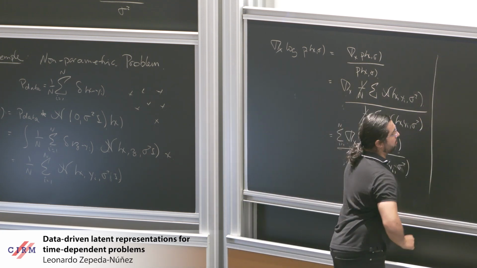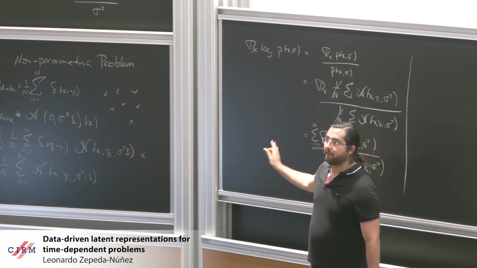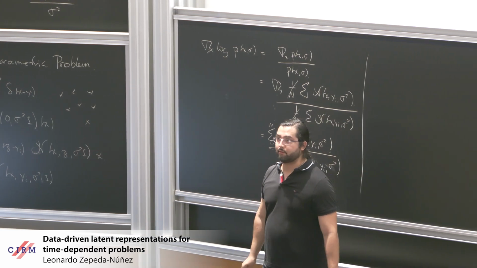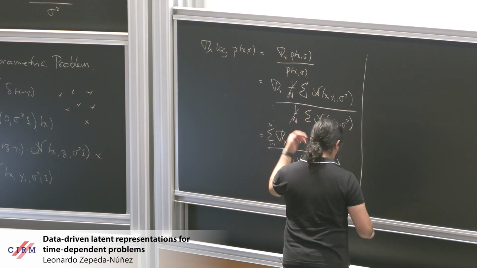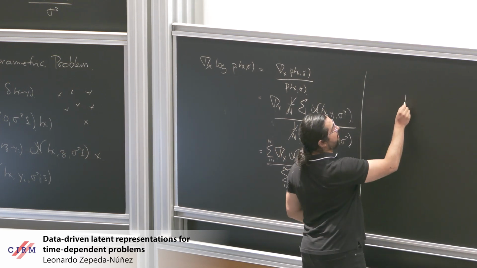Okay, is this clear? Questions? No? Okay, gradient of the Gaussian. So let's just do that. So what do you have?